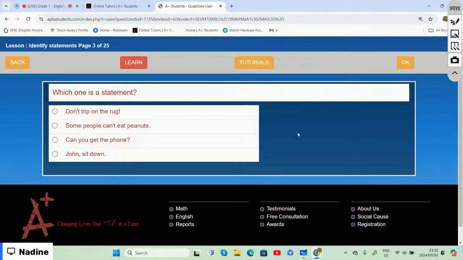All right, we need to now say which one is a statement. Is it option one, don't trip on the rug? The next one is a statement again.